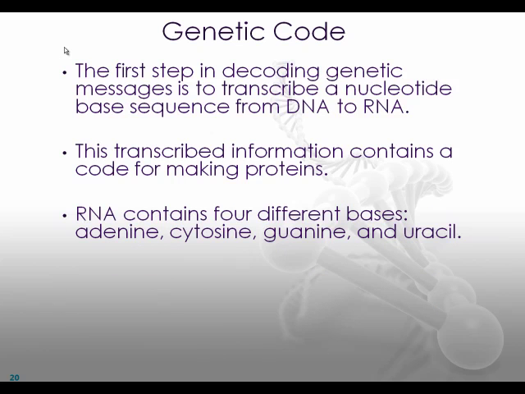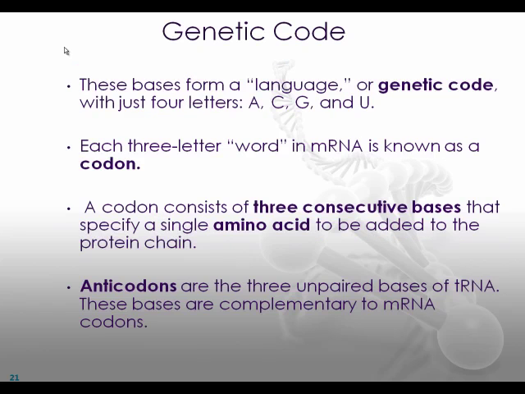The first step in decoding genetic messages is to transcribe a nucleotide base sequence from DNA to RNA. This transcribed information contains a code for making protein. Remember, RNA contains 4 different bases: adenine, cytosine, guanine, and uracil. These bases form a language or genetic code with just 4 letters.